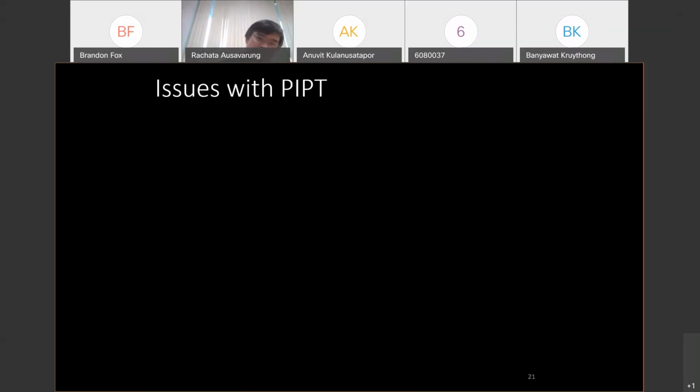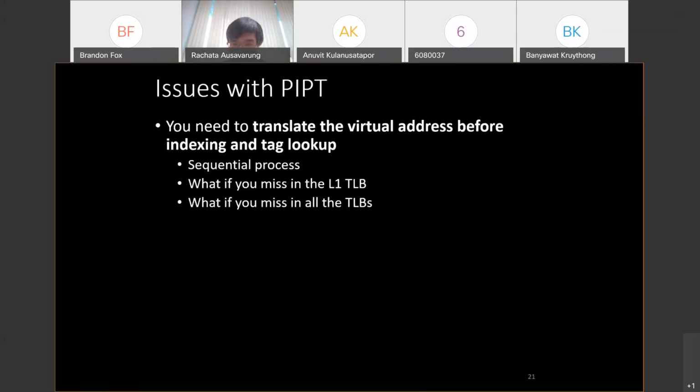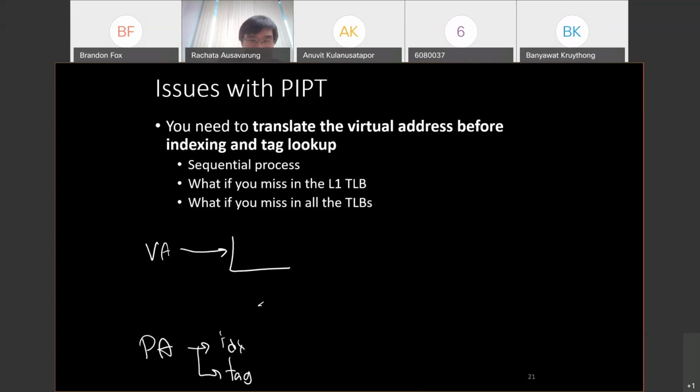What is the issue with PIPT? It means that you need physical address for everything. You use physical address for the index, physical address for the tag, right? So this is the process. You have the virtual address. You need physical address for both the index and the tag, which means you check the TLB.